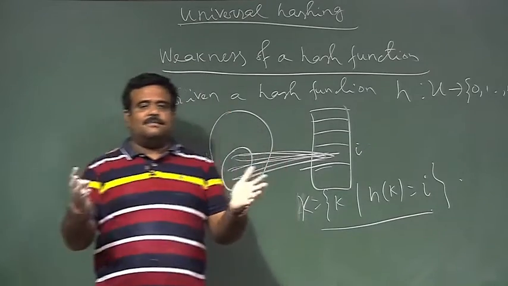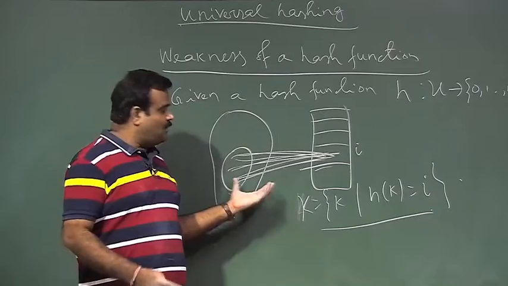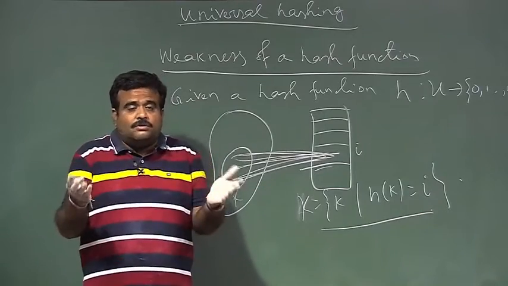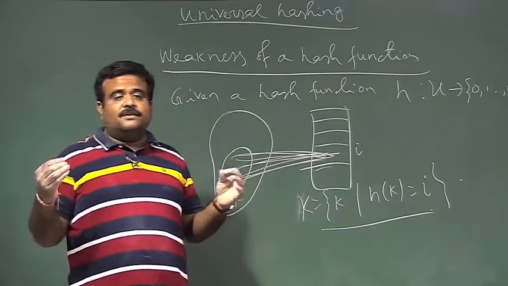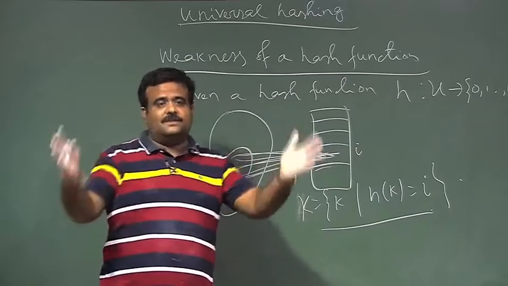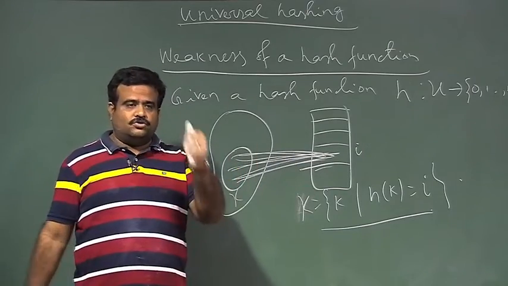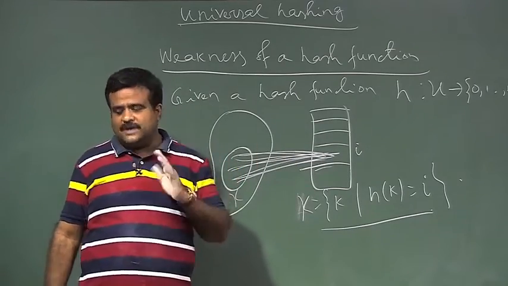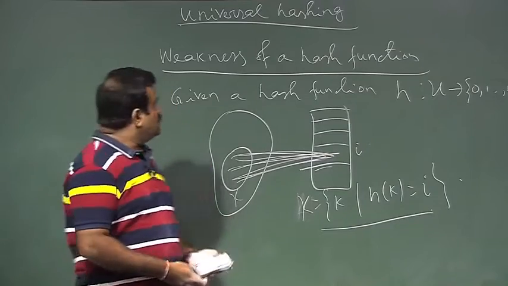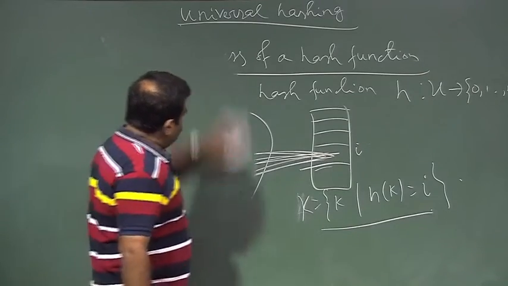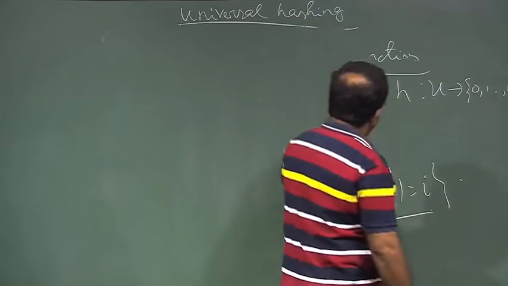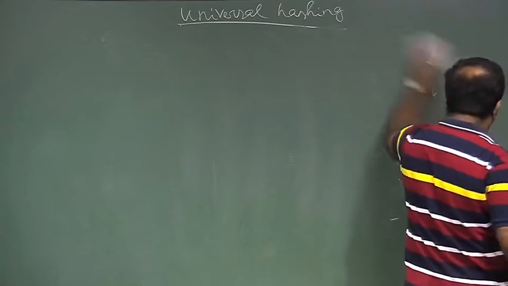So, nobody can come up with a set of keys for which it will perform badly. We have a collection of hash functions, and we choose one randomly. That is the idea behind universal hashing. So, let us talk about this a little more. This is to overcome this weakness.